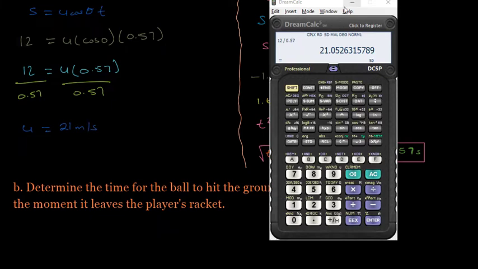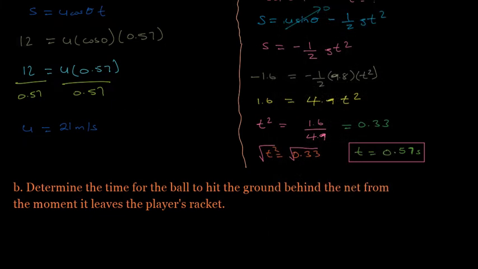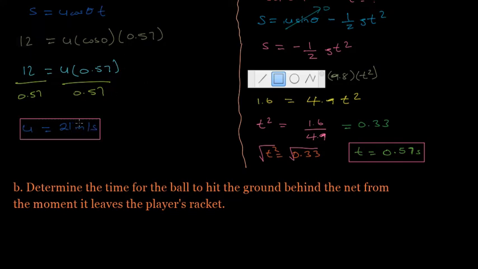So that would be our initial velocity, 21 meters per second. And again, this velocity is initially horizontal, or the object is actually projected horizontally. So this is our initial horizontal velocity, because again, it has no velocity in the vertical direction. All right, so that's that.